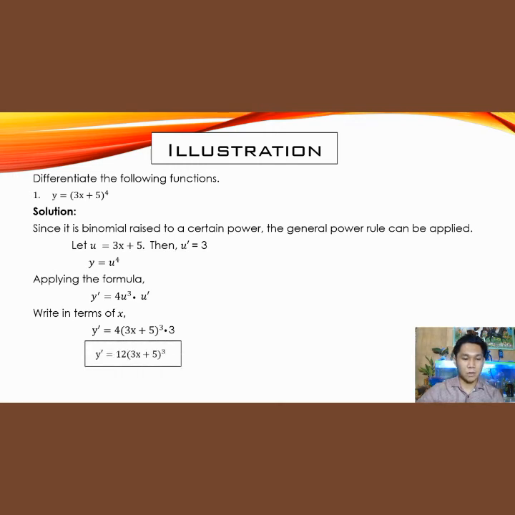Now, here's the answer. y prime is equal to 12, which is 4 times 3. Then copy the 3x plus 5 quantity cubed. So, y prime is equal to 12 times quantity 3x plus 5 quantity cubed.